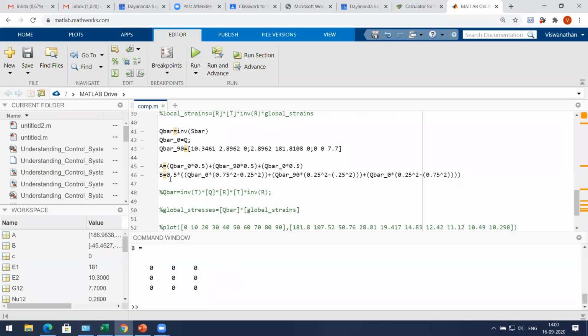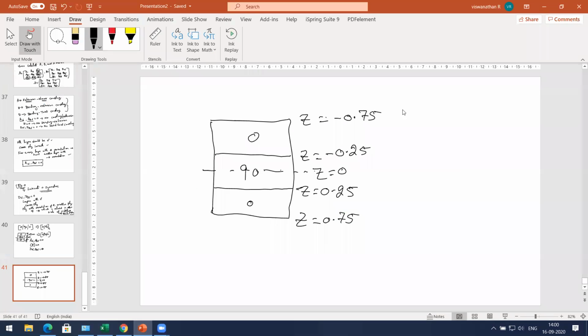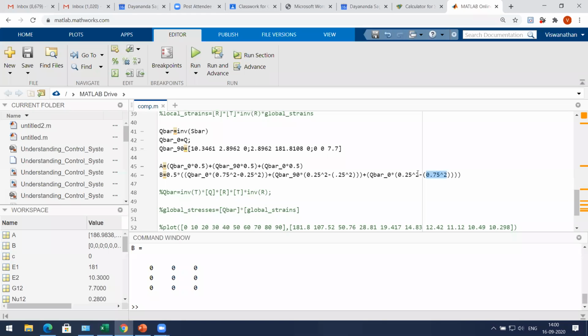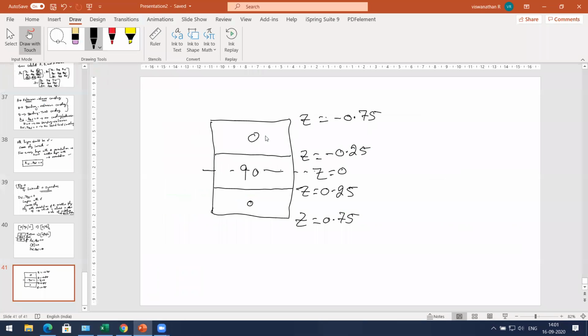Okay, so here one bracket was missing. What I've done is it is actually the square of it. Since you're taking the square, the value I said is minus 0.25, but if you take the square of that, it will again be plus only. So I directly entered it as 0.25 itself; I have not taken it as minus 0.25 when taking the top layer.